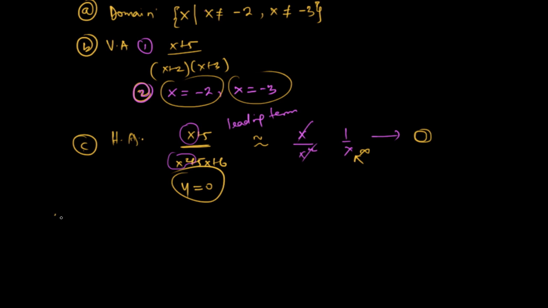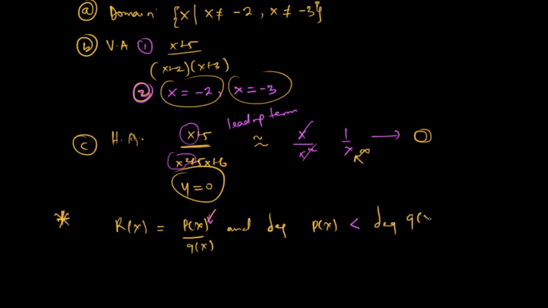Now the moral lesson you will learn here is, anytime you have a rational function that is p of x divided by q of x, and the degree of the numerator is less than the degree of the denominator, that is q of x, then your horizontal asymptote is always y equals 0.